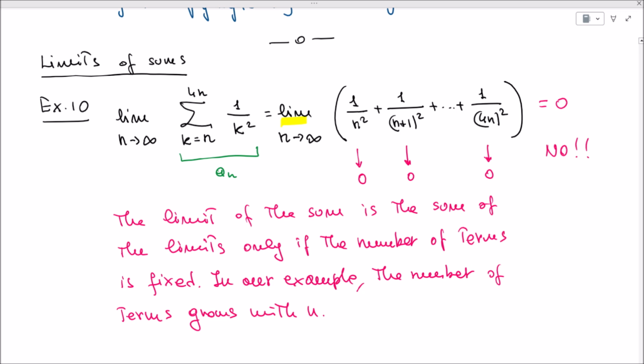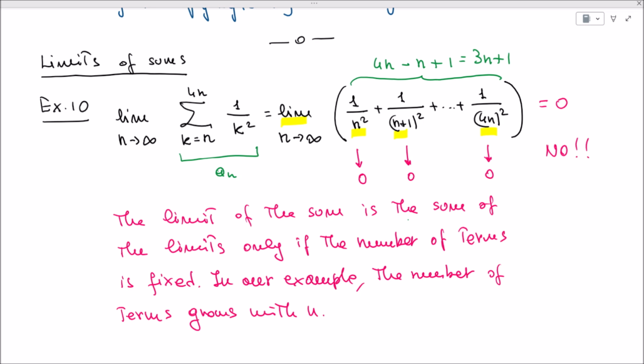I need to subtract n, but then I need to add 1. So the number of terms is going to be 3n plus 1. So that means that the number of terms that we are adding grows with n. So when n goes to infinity, this number of terms becomes infinite. So we cannot just apply that the limit of a sum is the sum of the limits. So we need to be careful with that.